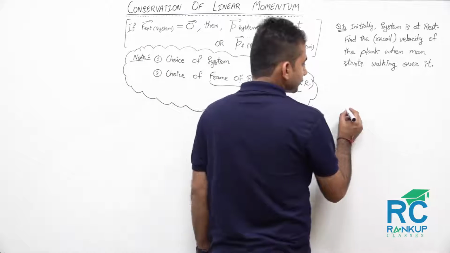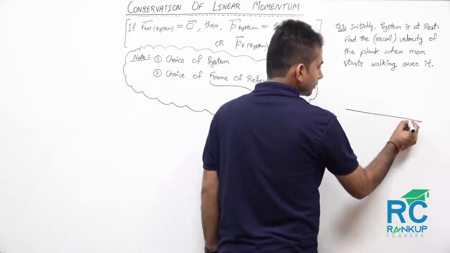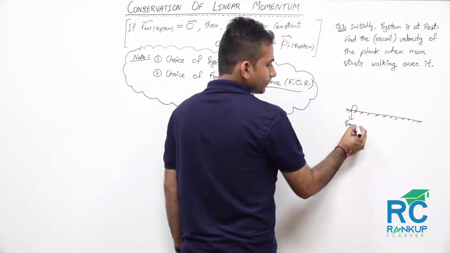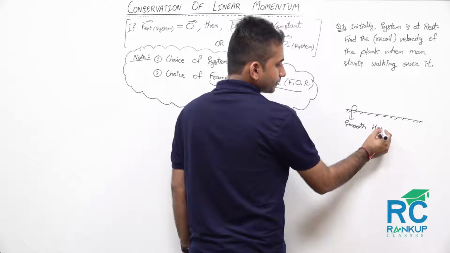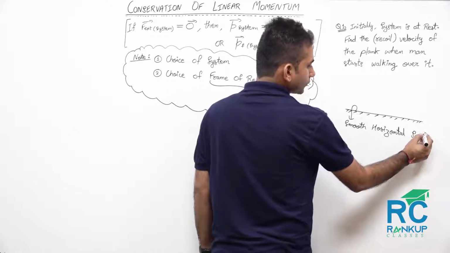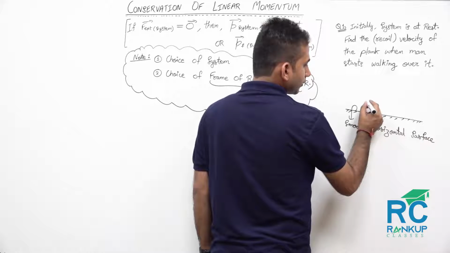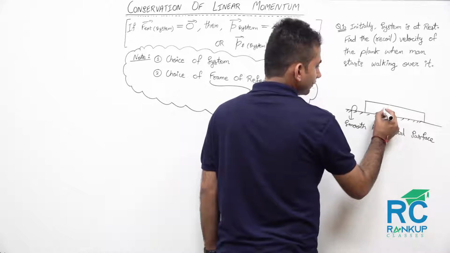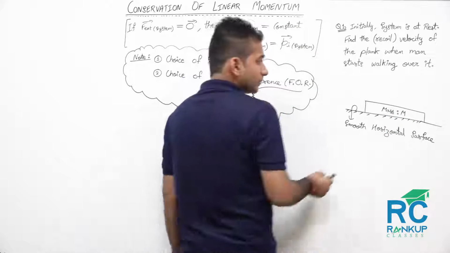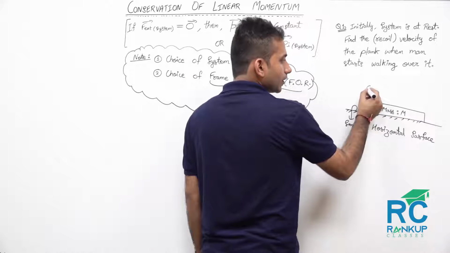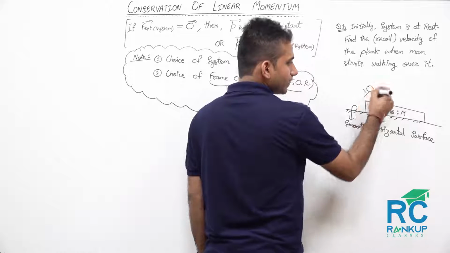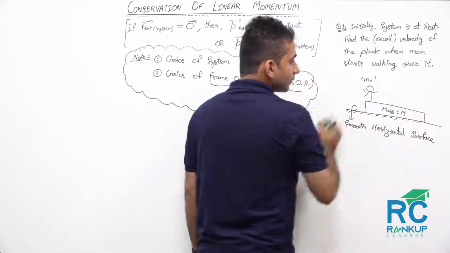Let us try to understand the situation diagrammatically. It is already mentioned in the problem. There is a smooth horizontal surface over which a plank of mass capital M is kept initially at rest, and a man is standing over one side of the plank, and the man has a mass m0.